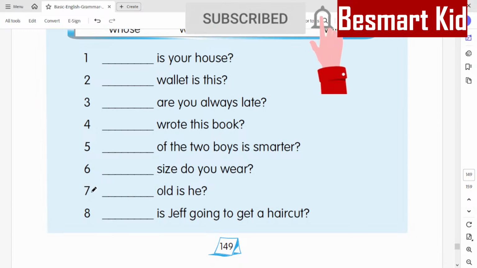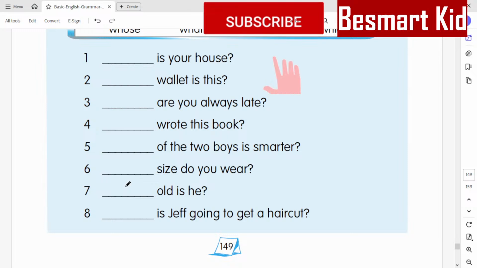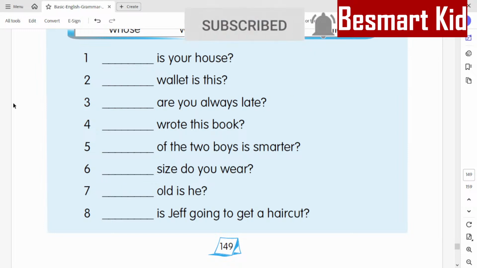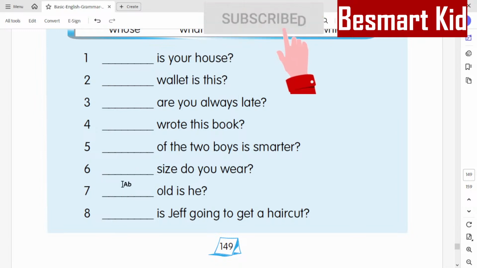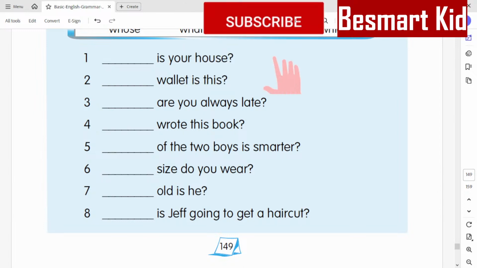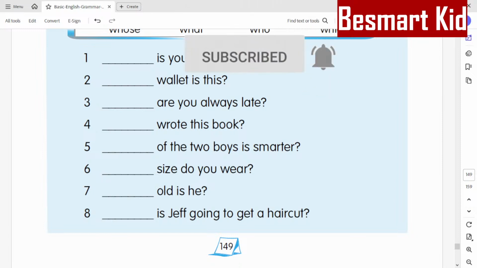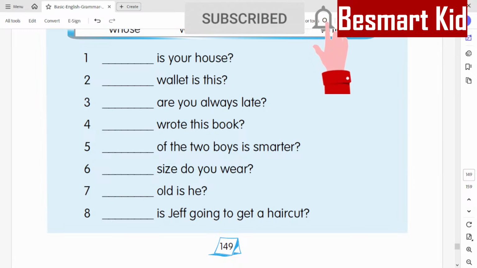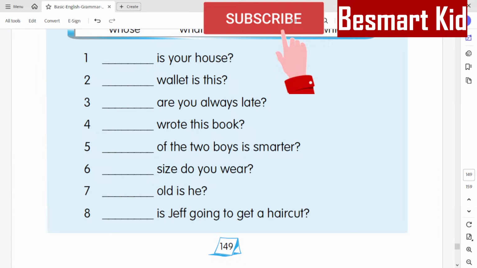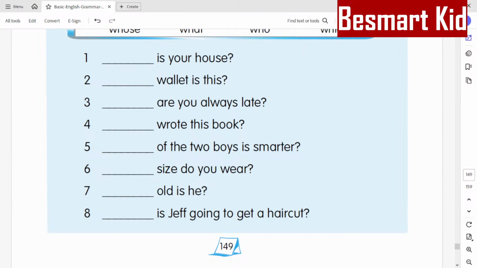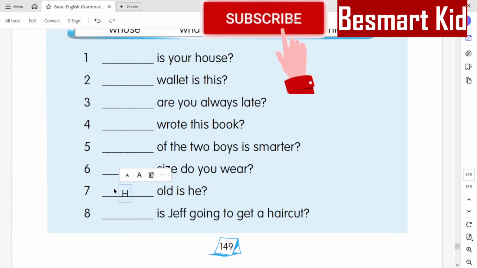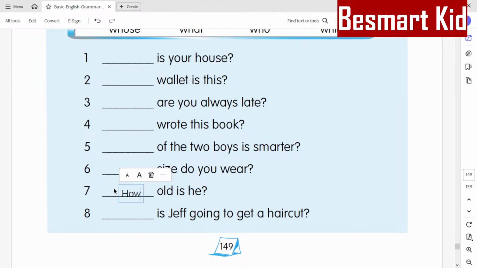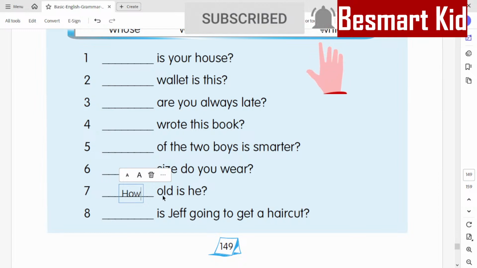So I'm going to give you one example, which is question number 7. Here the answer is: how old is he?